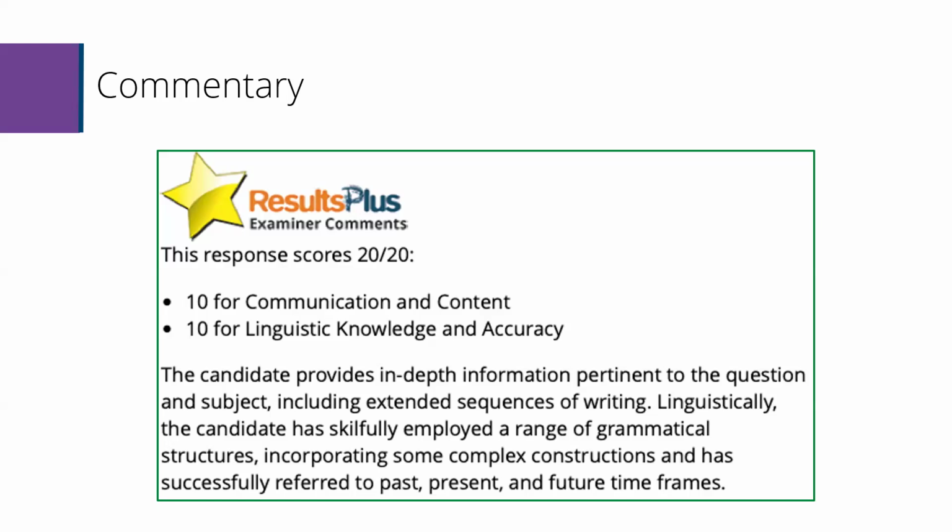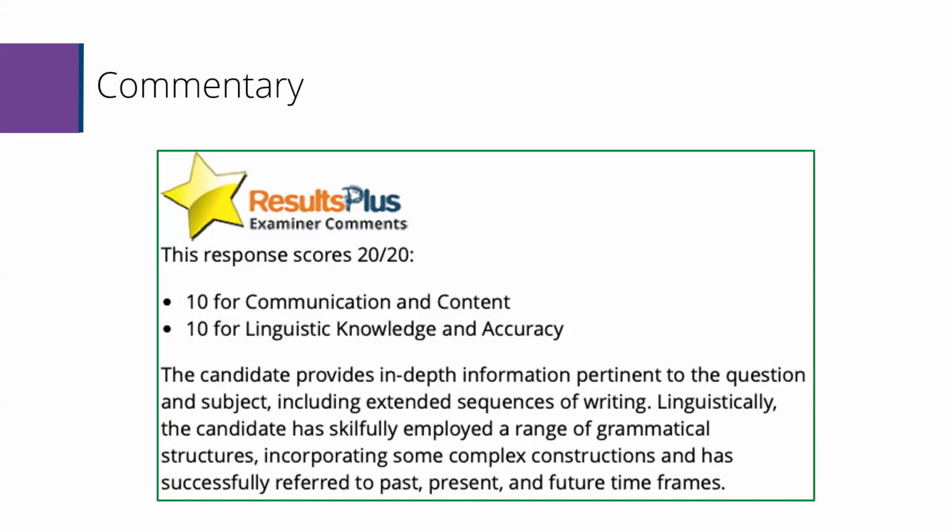One thing that's worth mentioning about those responses that score full marks is that sometimes they go even beyond the requirement for that full mark. So that was a really excellent example that we saw. The candidate provides, we're told, in-depth information pertinent to the question and subject, including extended sequences of writing.